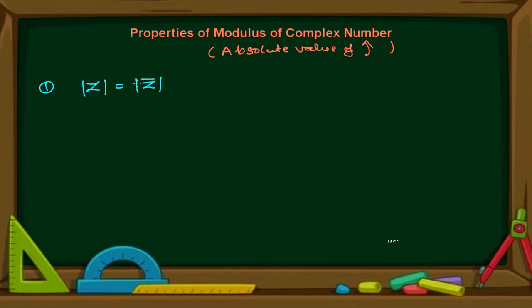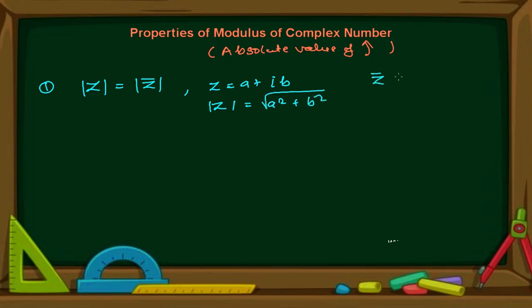So let's say j is a complex number, a plus ib. Then the absolute value of j will be the square root of the square of the real part plus the square of the imaginary part, that is b squared, all right?